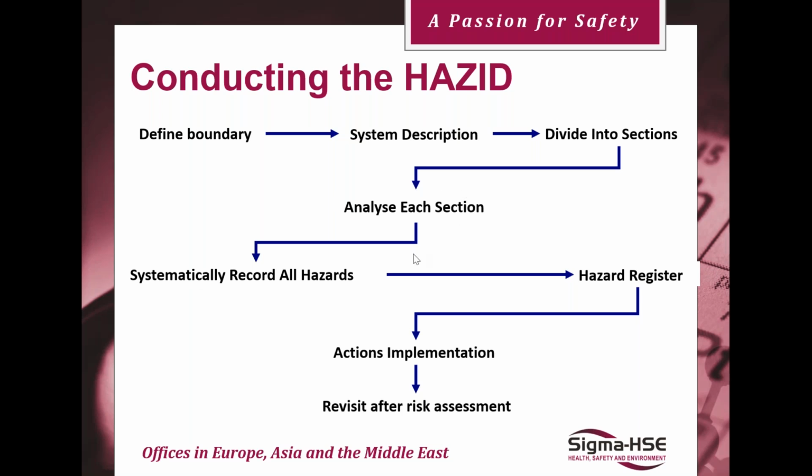We'll do the analysis on each section and record all the hazards that we can identify. Those will go into a hazard register, and out of that we'll implement some actions, and then we'll review after a time period or if there's been some change.